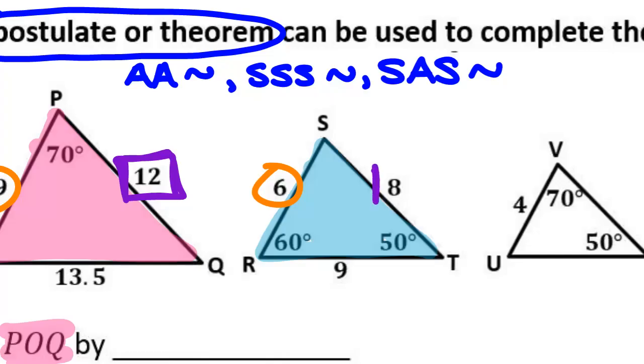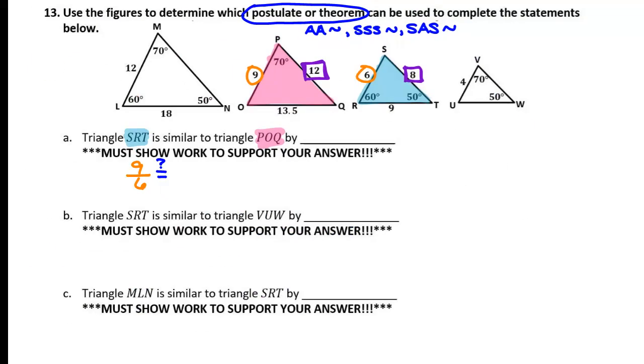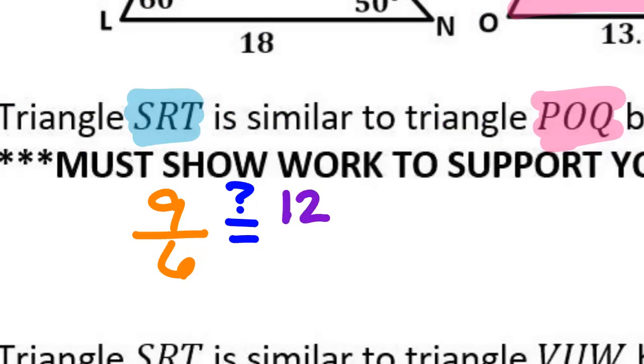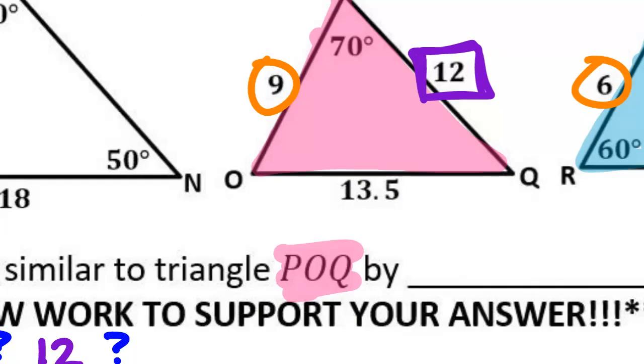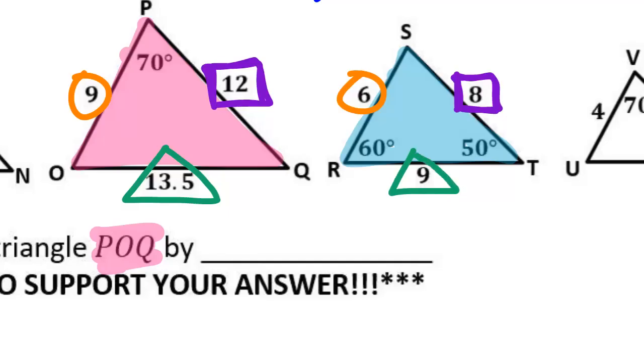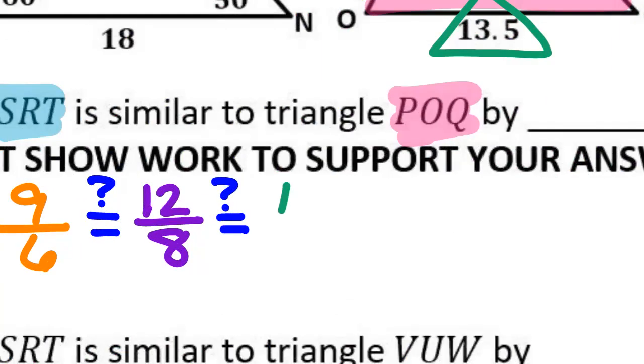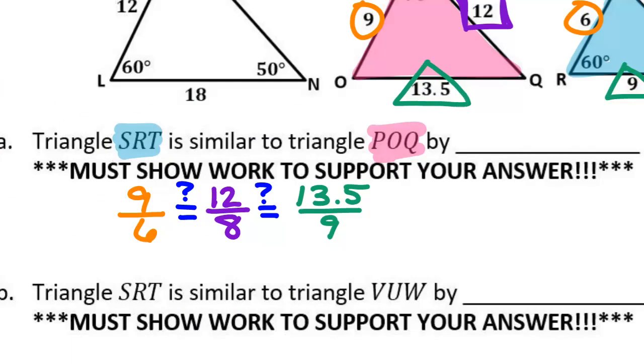So 12 and 8 are going to make a fraction together. 12 over 8, because I already put triangle POQ all over triangle SRT in my other fraction. Is that equal to? And now I'm going to match up my biggest sides, which would be the 13.5 and the 9. So 13.5 over 9. And now we're going to simplify each one of these fractions and see if they come out to be the same.